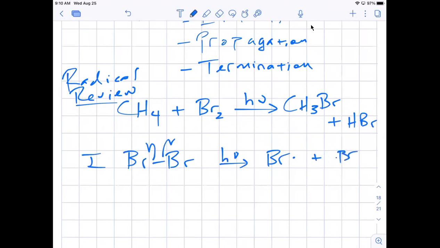And then in propagation, the radical that you made in initiation is going to go and start attacking hydrogens on that methane. I'm going to write these hydrogens out.